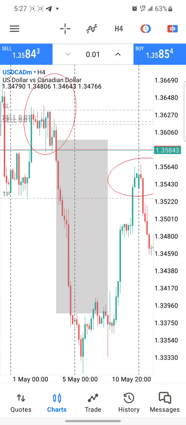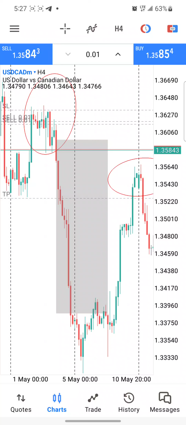First of all, you see this circle here is in a range. When I see a range, it means I have a strong belief that that place is under demand and supply, they will call it. Is it a supply or demand? They will call it a demand zone. Okay, so here, this is what I do.